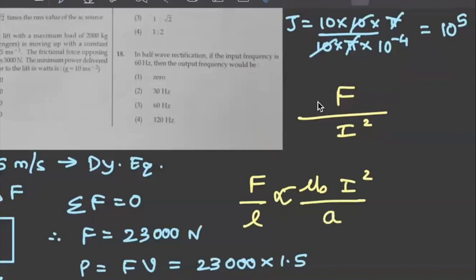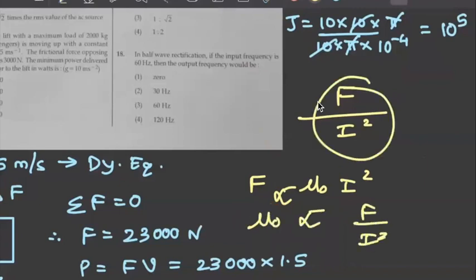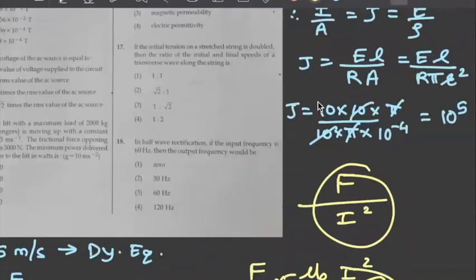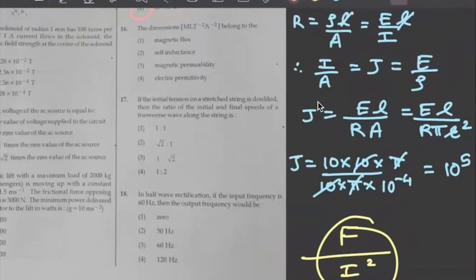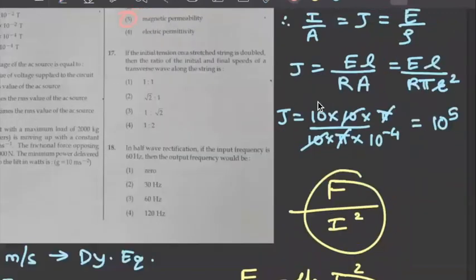Again, these two in meters, length and distance a, will get cancelled off. So let me just erase this. And I will get mu 0 is proportional to F by I square, and that's exactly what I wanted here. So what I have is the unit for mu, which is nothing but magnetic permeability. So that was a nice one.